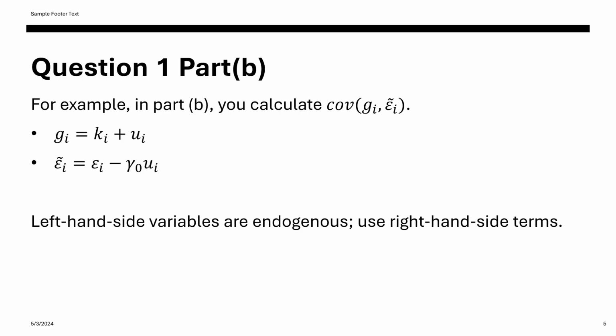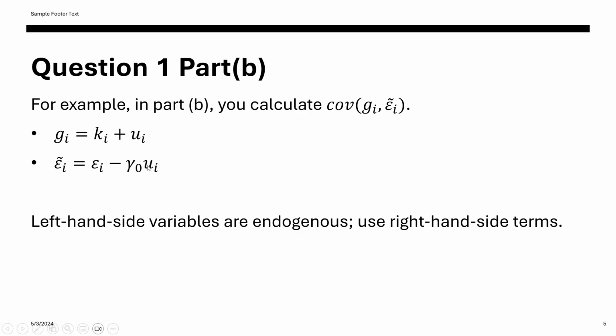Like, for example, I believe part A is too easy, so I will leave that to you. Part D, basically I'm asking you to calculate that this covariance is not zero, right? And then you have to use these two equations. The first equation is a structural equation that explains how G is generated. And the second expression, epsilon tilde, is our new notation, a new variable that we defined, but it is defined in this way, right?